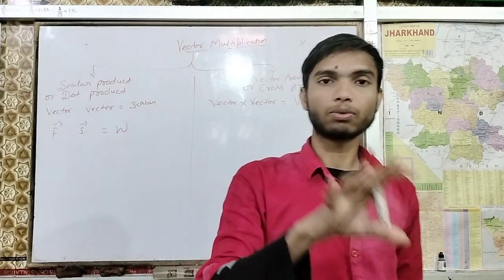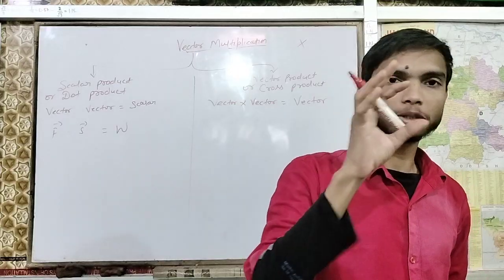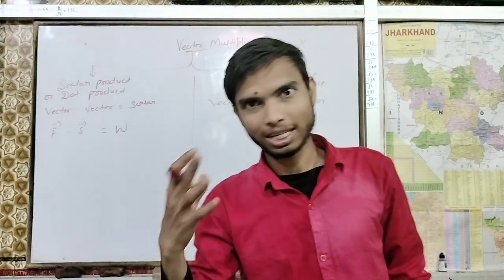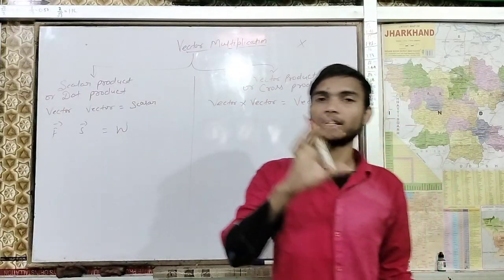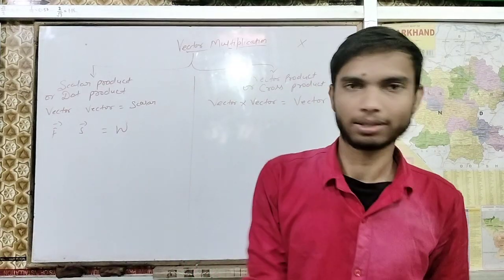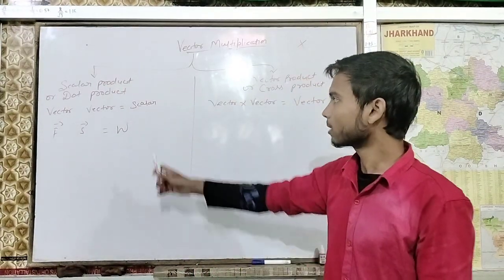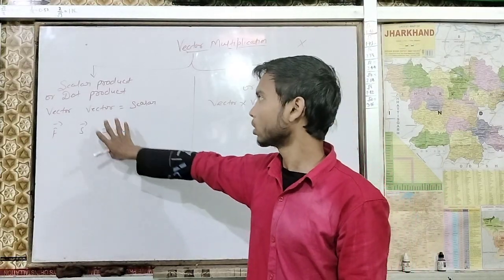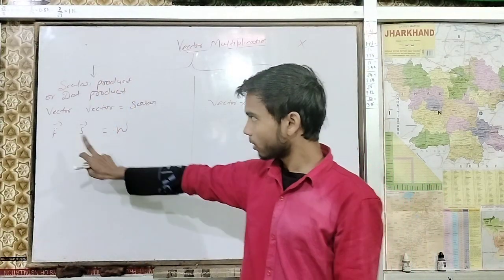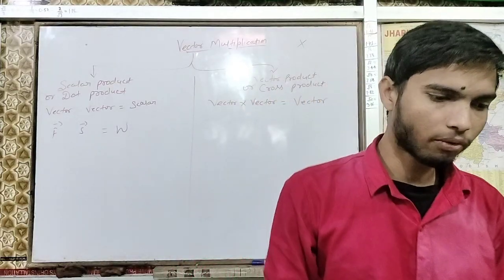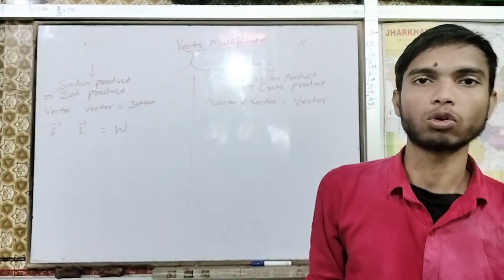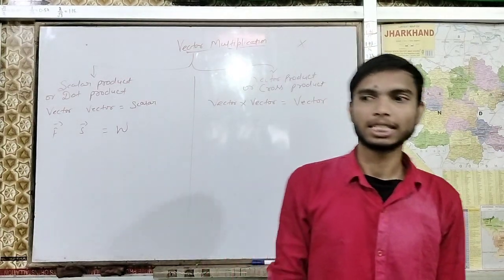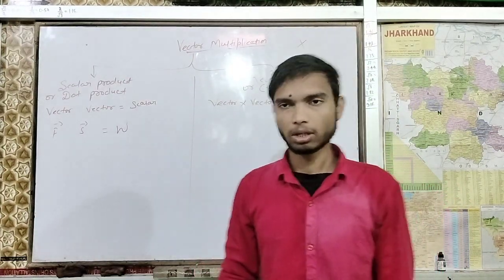So here we took work as an example to understand the dot product. The first vector is force. This force is a vector. Displacement is also a vector.